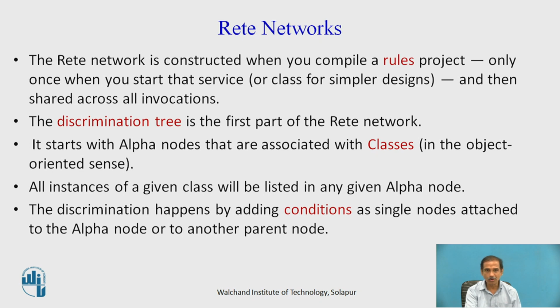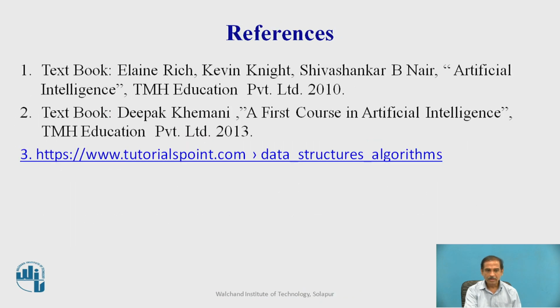All instances of the given class will be listed in any given alpha node. The discrimination happens by adding conditions as single nodes attached to the alpha node or another parent node.